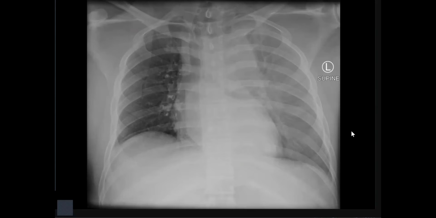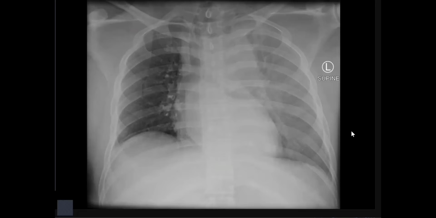There is also widening of the superior mediastinal shadow noted. There is no blunting of bilateral CP angles. There is no obvious pneumothorax noted. Visualized bones and ribs appear normal. There are no obvious fractures noted.